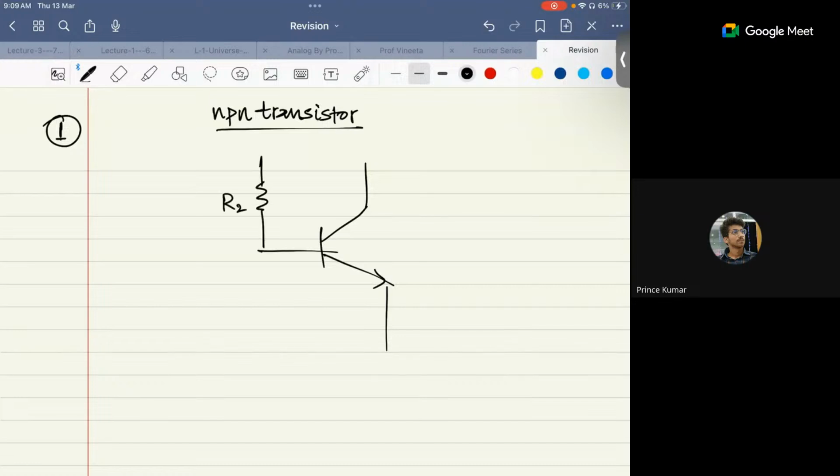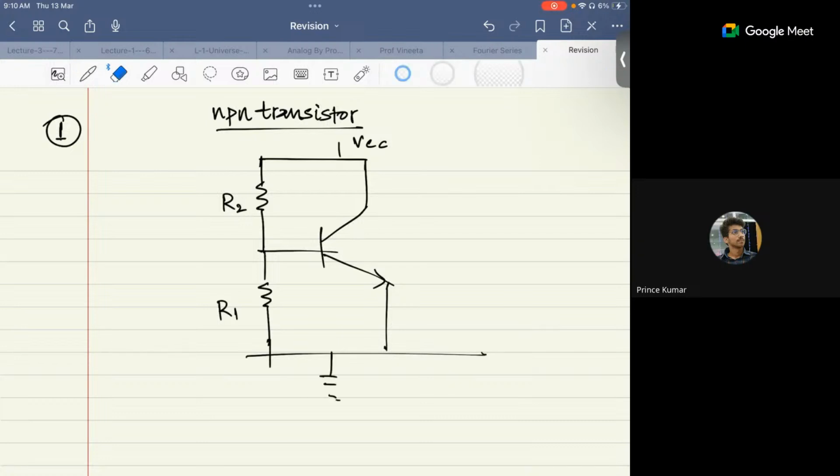Let's for example say R2. This type of problem will be there where you will be given some VCC, some reference voltage, and then here also a resistance can be given, R1. Both will be grounded, and a resistance here also.